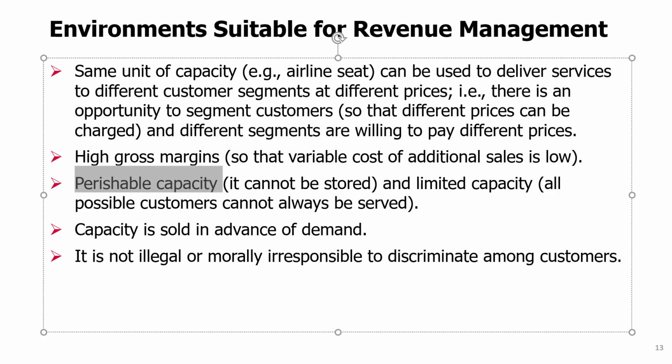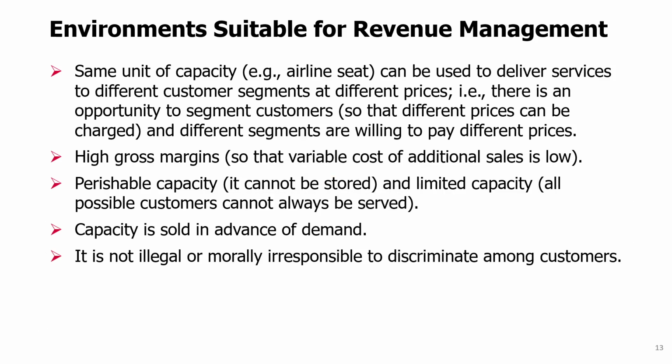The third requirement is that the capacity is perishable, so it cannot be stored. Like an airline seat on the plane that is flying today, it can only be used today. And the other thing is that capacity is limited, so that all possible customers cannot always be served.